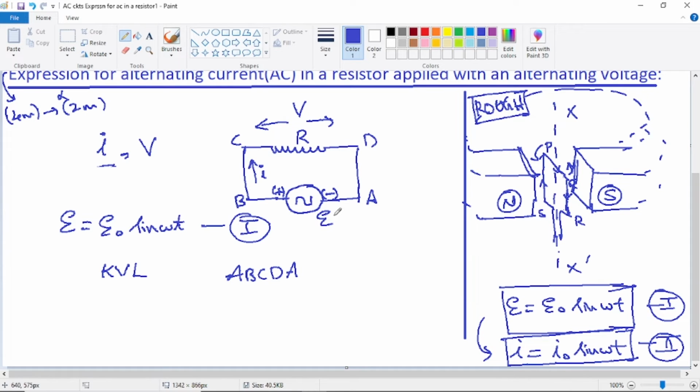Now applying the law. Firstly, we go from point A to B, next to C, next to D, next to A. What are the changes in potential encountered as we go along the circuit? Firstly, going from A to B, we are going from the negative terminal of the cell, that is the voltage source, to the positive terminal.